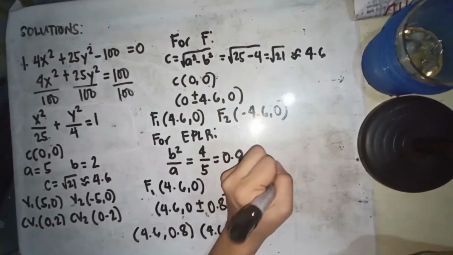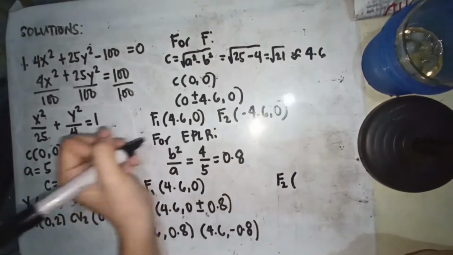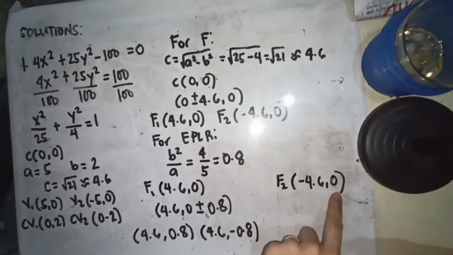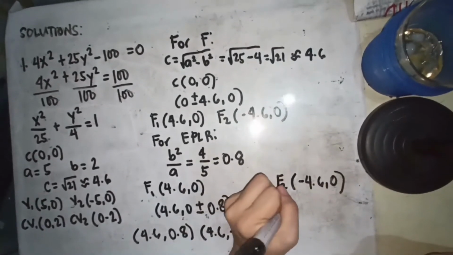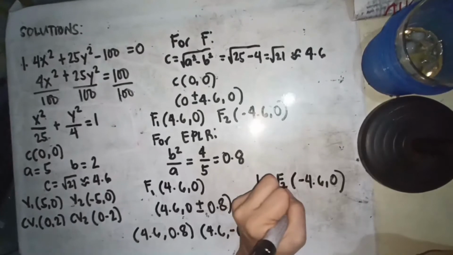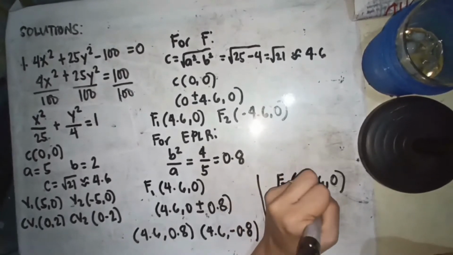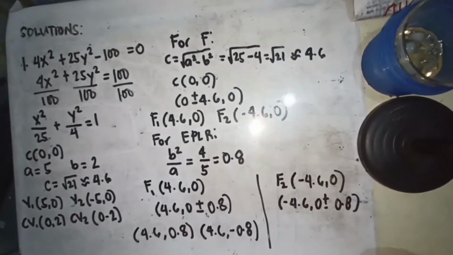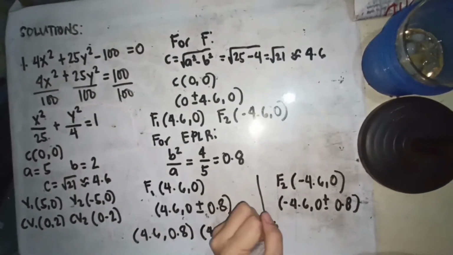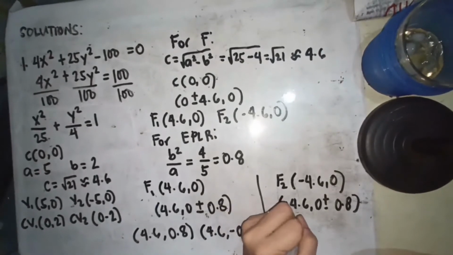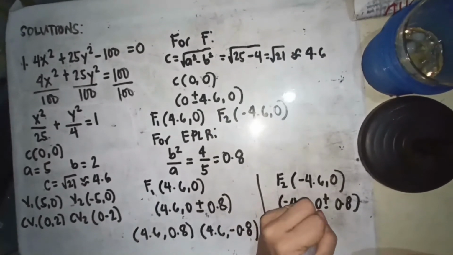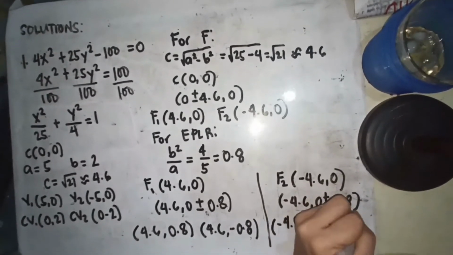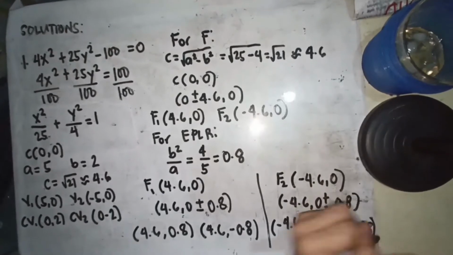Next, for our f sub 2, we have negative 4.6 and 0. Again, y coordinates ang plusan ug minusan. We'll have negative 4.6 and 0 plus minus 0.8. Okay, we'll have negative 4.6 and positive 0.8. And we also have negative 4.6 and negative 0.8.